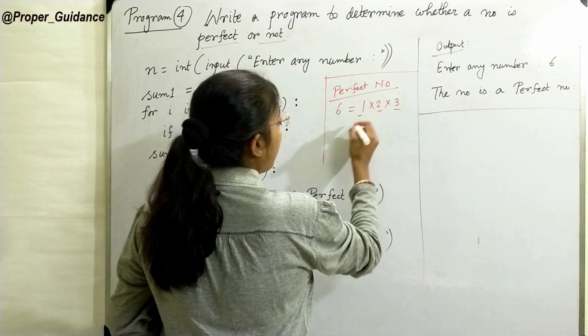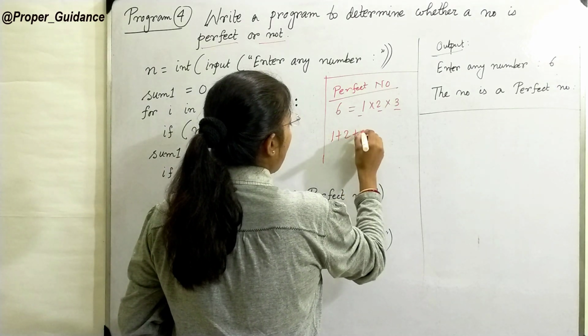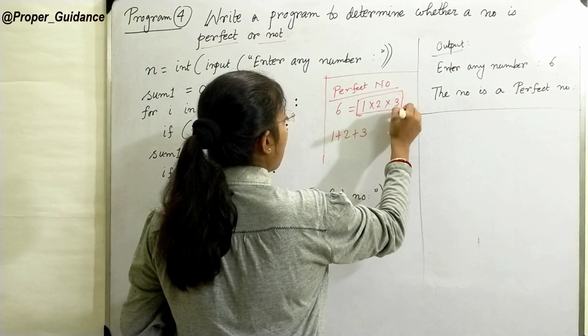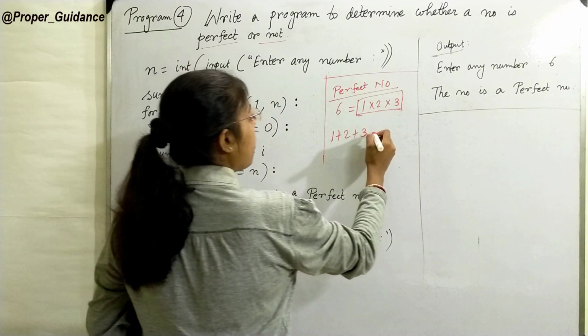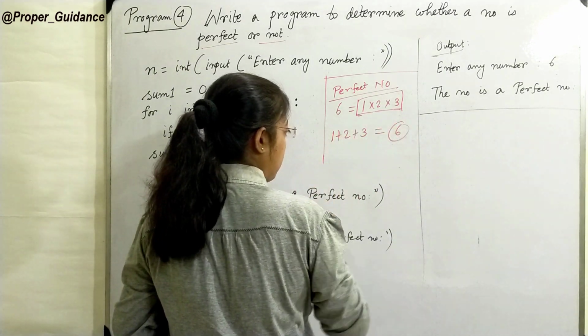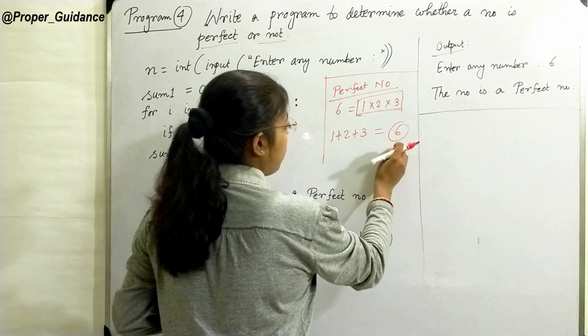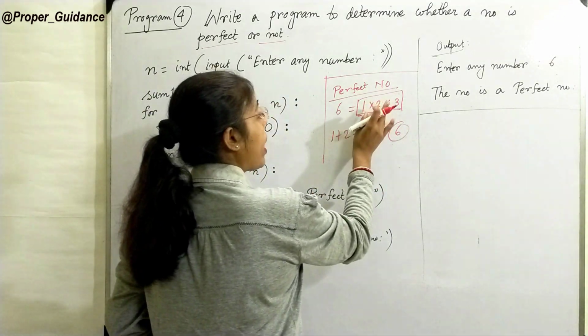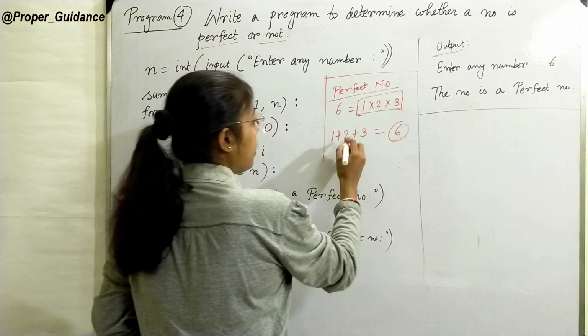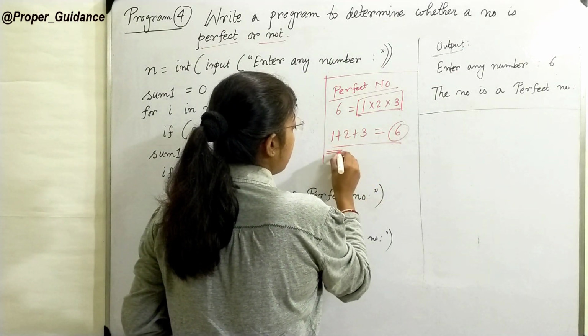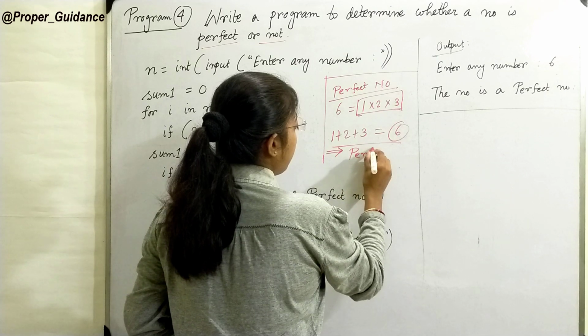And if I add all the factors of the given number, I will get the number itself. If I get the number itself after adding the factors of the particular number, then I can say that this is a perfect number.